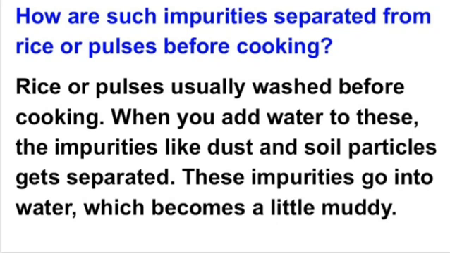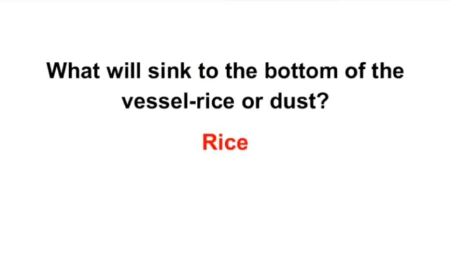When you add water to rice and pulses, the impurities like dust and soil particles get separated. These impurities go into water, which becomes a little muddy.